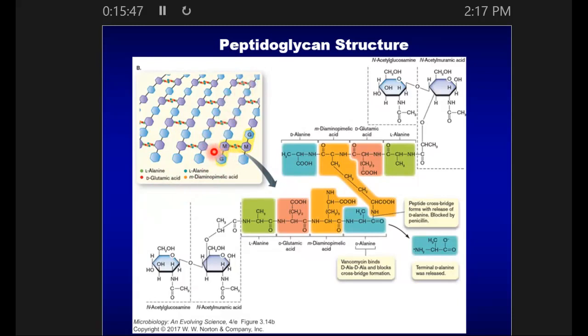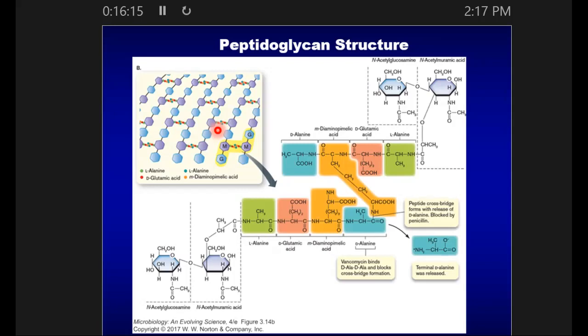And then you can see right where the NAM is located, wherever there's a NAM sugar derivative, you see those little colored balls? Those are the 4 amino acids. So you have these long chains of sugar derivatives laid down right next to each other, but you have to have a way to keep them together. So those 4 amino acids will hook into the NAM, each chain, to keep them from flying apart.